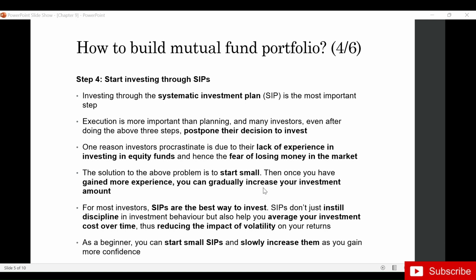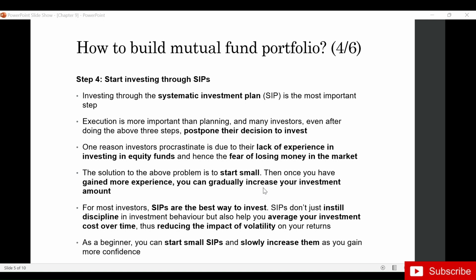One important reason why investors postpone the decision to invest is because they lack experience in investing in the stock market, and they fear losing money in the stock market. The solution here is to start small, start SIPs with a small amount, and once you have gained more experience, you can gradually increase your investment amount.